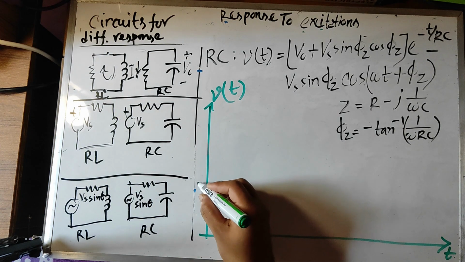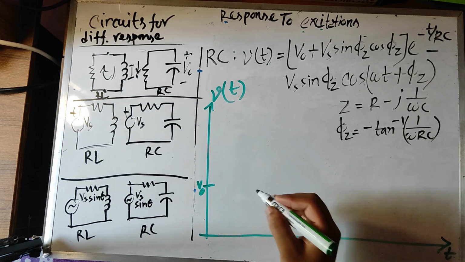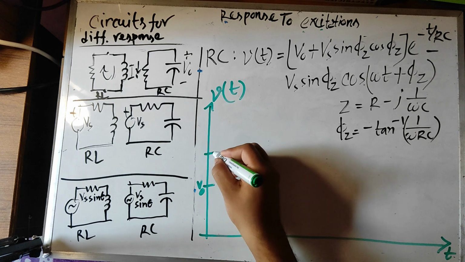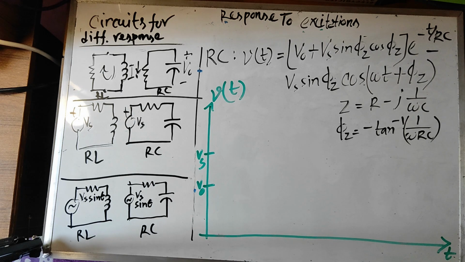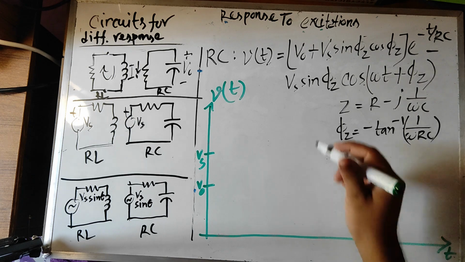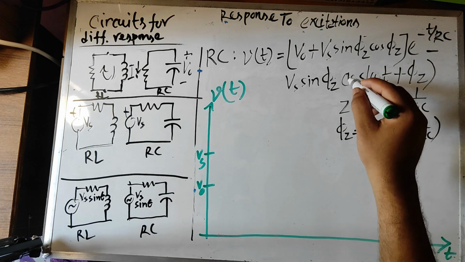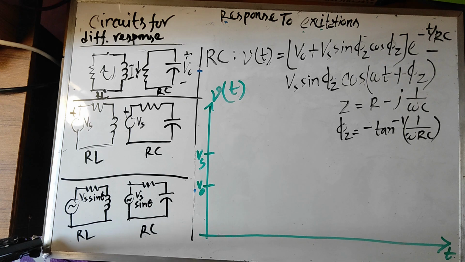Say this is the initial voltage, this is the impressed, the input voltage, the magnitude of the input voltage, and we can see that there are two terms, sine and cos. So it will basically look like this.